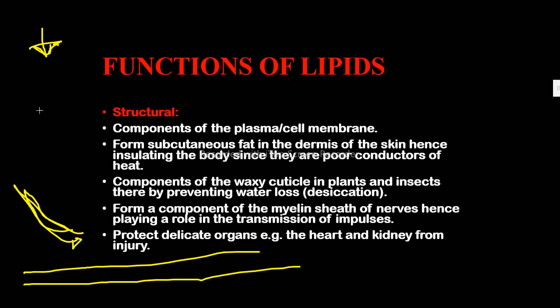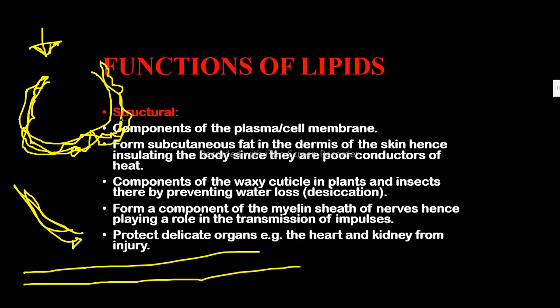So now, the good news is, these internal organs are going to be surrounded by a layer of fats. Okay? Surrounded by a layer of fats. That's why when you slaughter your chicken, you slaughter your goat, you find fats. If the chicken is fatty, then these organs will be having many fats.